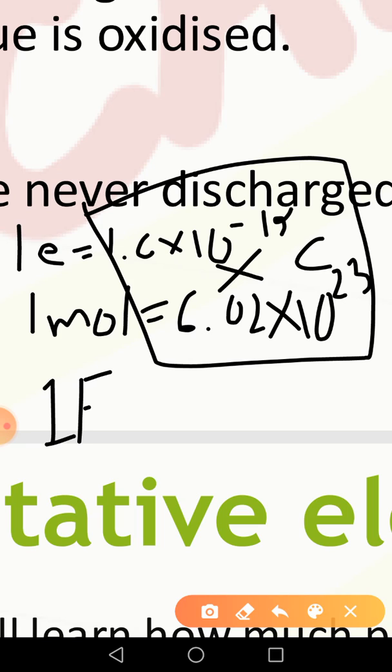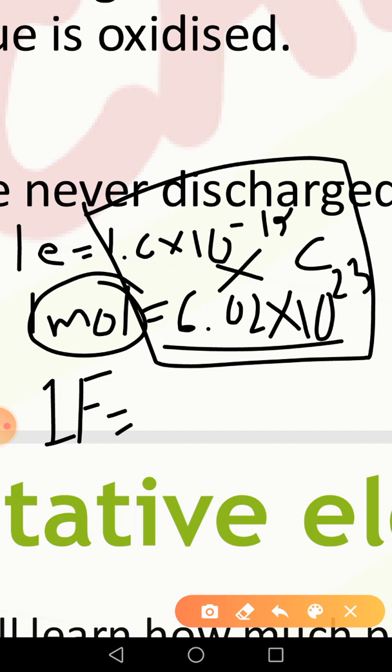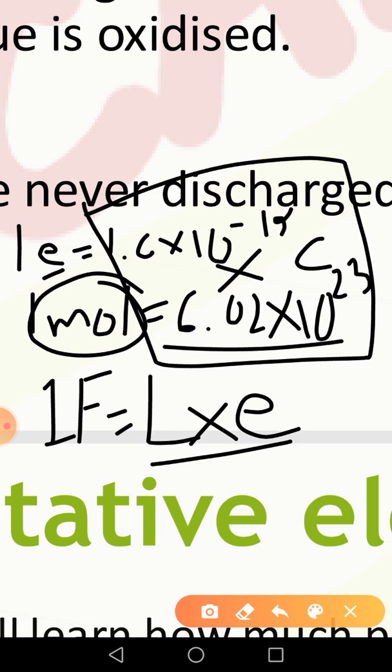So 1 Faraday equals 1 mole, which is the Avogadro number, represented as L, times the charge of 1 electron, which is represented as e. So 1 Faraday or Faraday constant equals L into e. So you will get a value which is somewhat around 96500.